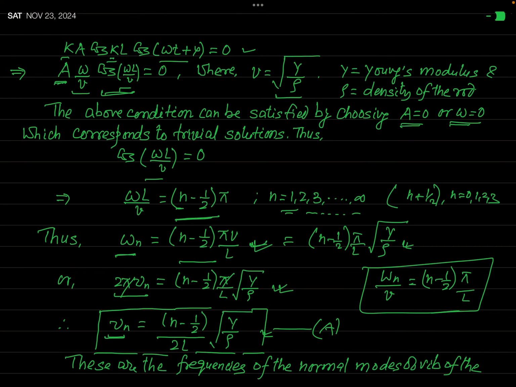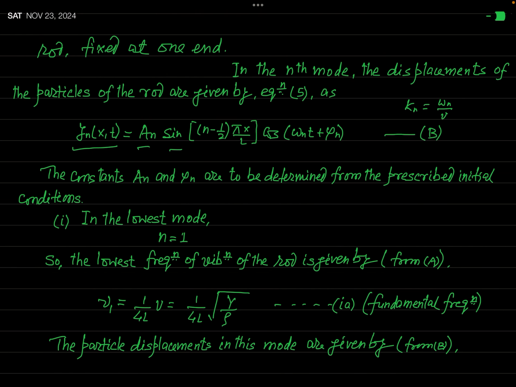So in place of kn, you can see I have written this much, (n minus 1 over 2) times pi over L, times x, and cosine of this much.